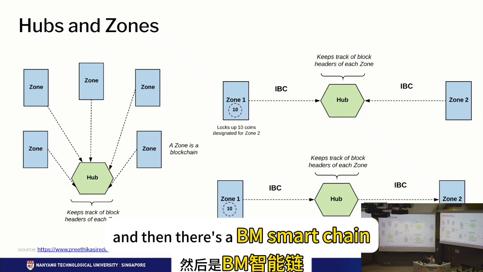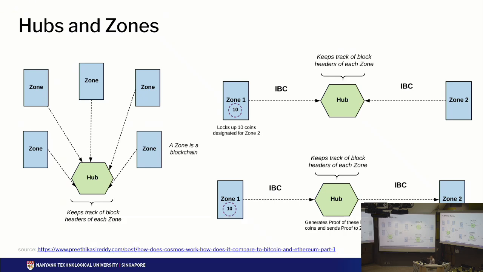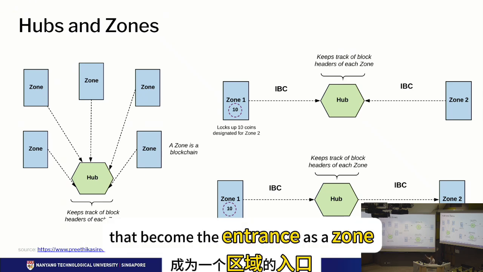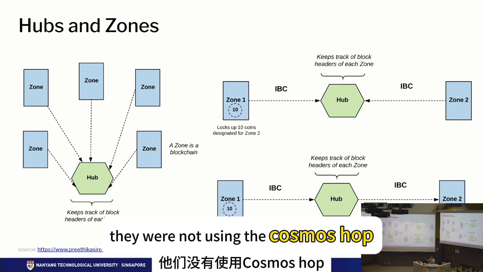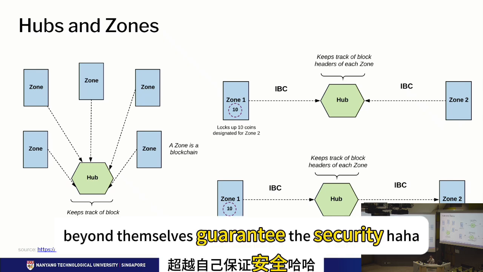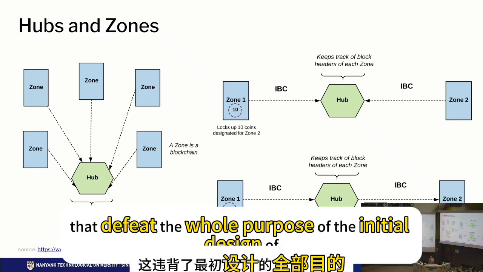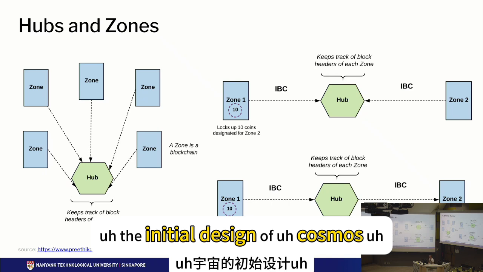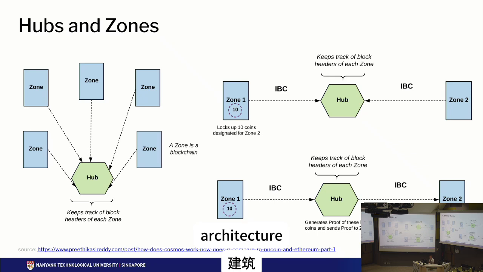And then there's BNB Smart Chain, which is running EVM on top of Cosmos, and that became BNB Chain as a zone. So they were not using the Cosmos hub to guarantee the security. Actually, Binance themselves guarantee the security. That defeats the whole purpose of the initial design of the Cosmos hub and zone architecture.